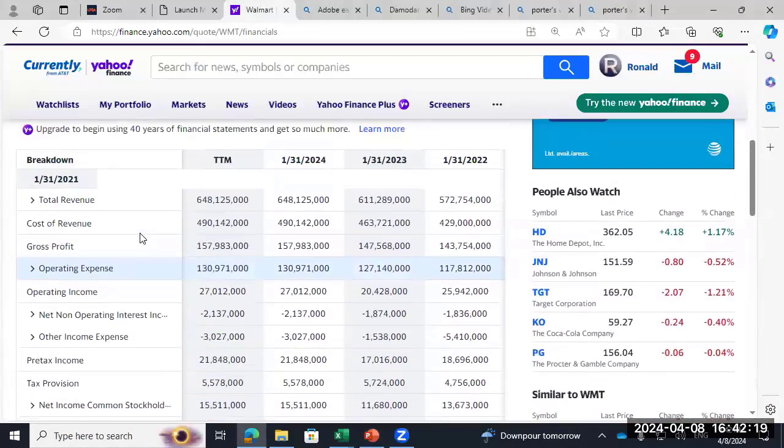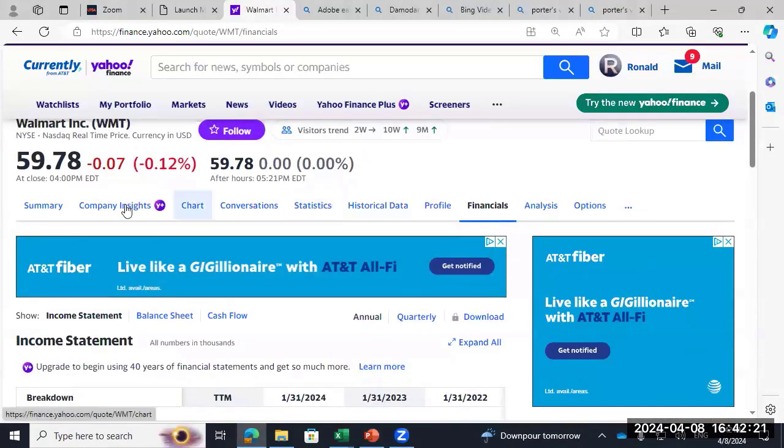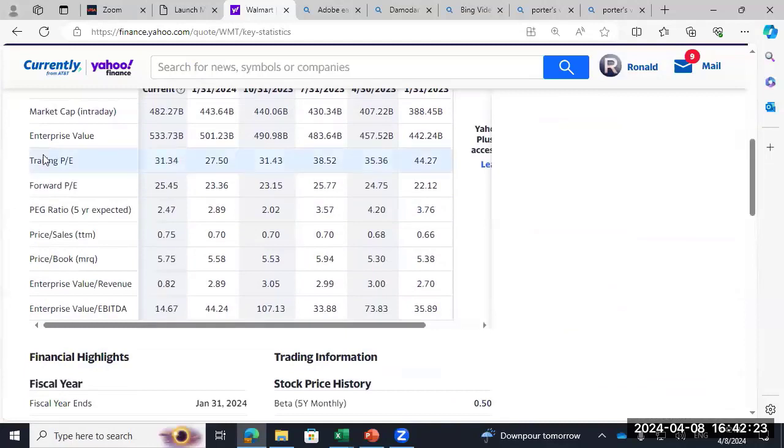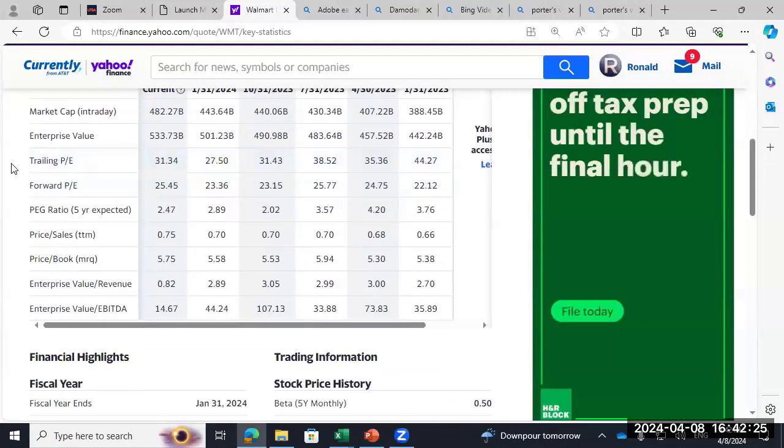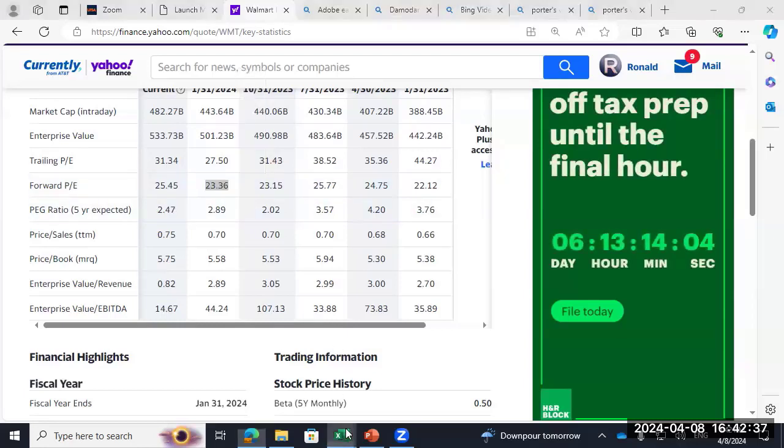So with Walmart, if you go to statistics, which PE ratio would you use, do you think? Trailing or forward? Forward, yeah, definitely use forward because we're talking about their PE over the next year's earnings. Their forward PE is 23.36.